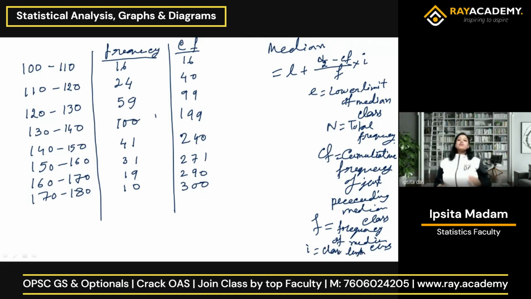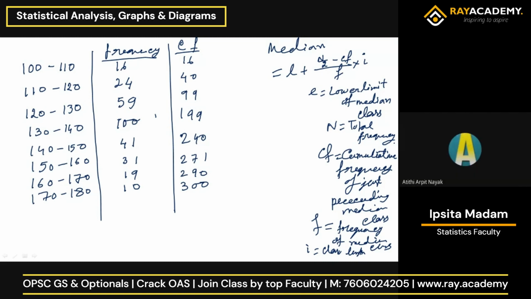So how can we judge what your median class is? Any guess? Find the n, that is the total frequency, then n by 2 or n plus 1 by 2. Ma'am, here it will be 199.